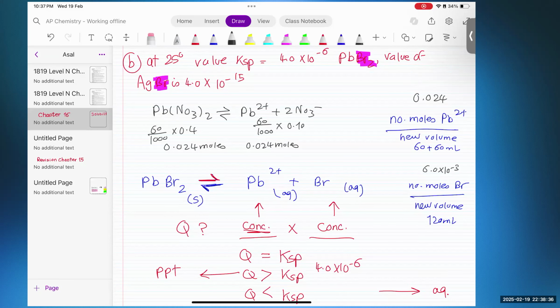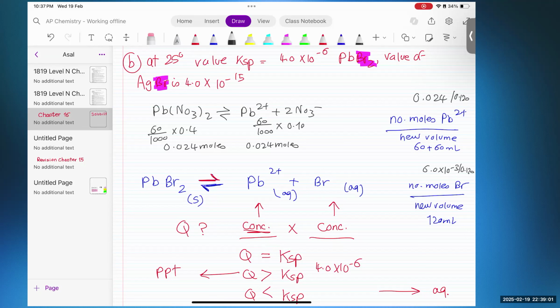I will divide these two by the new volume, which is 120 over 1000, so 0.120. This way, I will get the concentration of the lead and the concentration of the bromide.